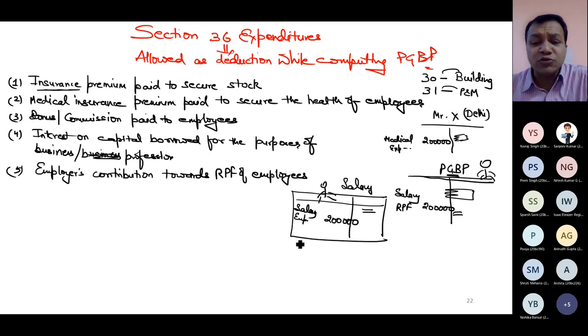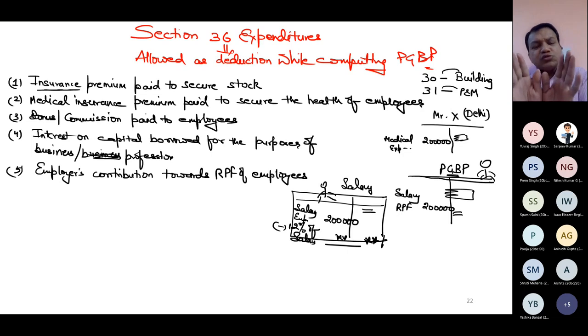He will not include the complete 2 lakh. He will deduct how much? 12% of salary, and he will include only the difference. So these two chapters are going on separately. Salary is having a different perspective. PGBP is having a different perspective.